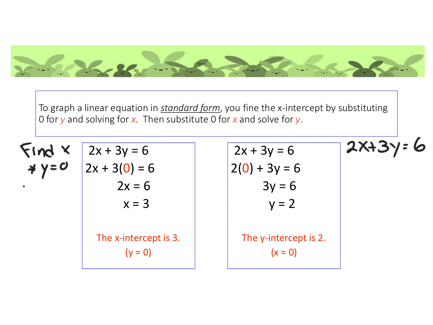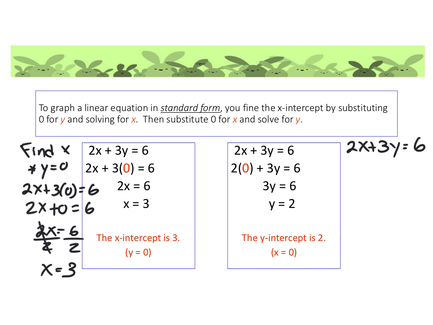So they do that here as 2x plus 3 times 0 equals 6. 3 times 0 is 0, so we're left with 2x plus 0 equals 6. That's going to be 2x equals 6, divided by 2, and then we get x is equal to 3, which is exactly what we got right here. So our x-intercept is going to be at 3, 0.